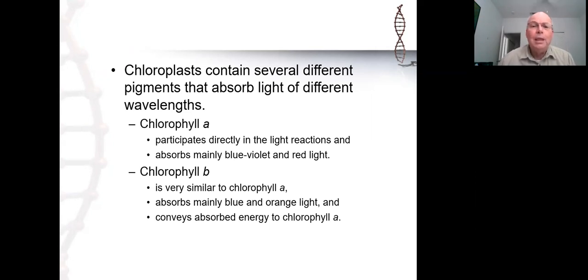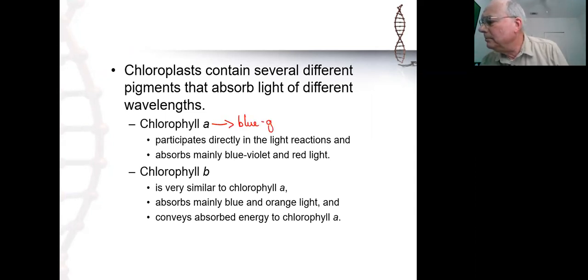Chlorophyll A is blue-green in color when it's isolated. And chlorophyll B is yellow-green.